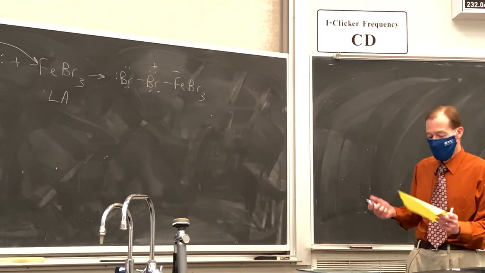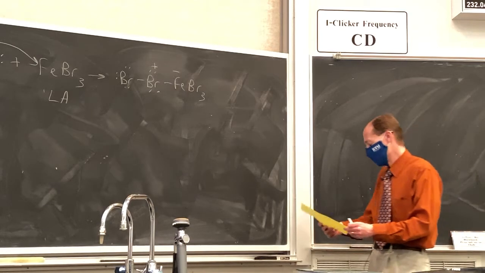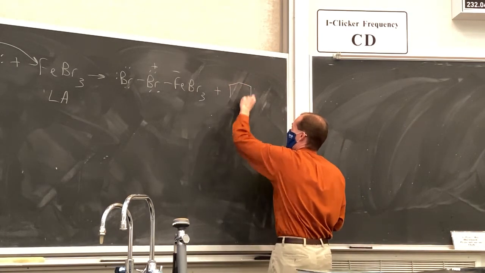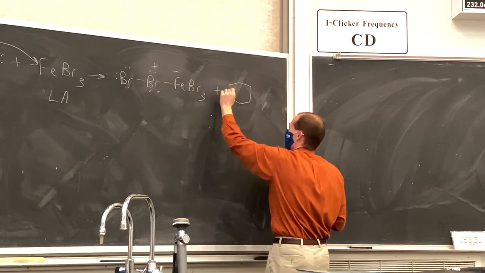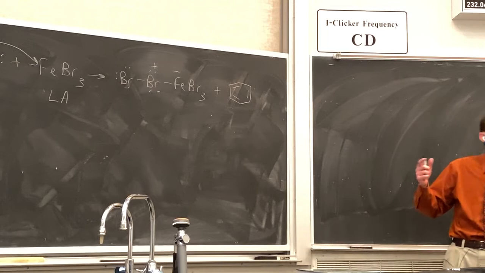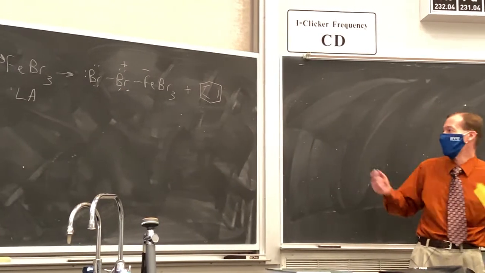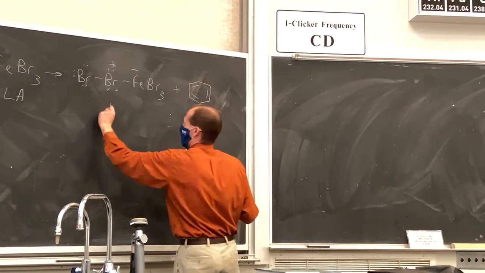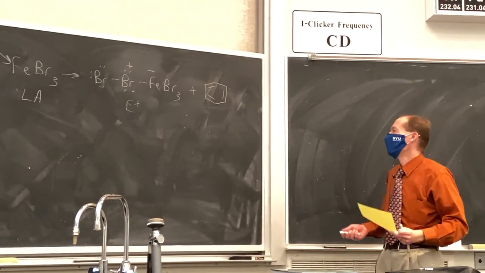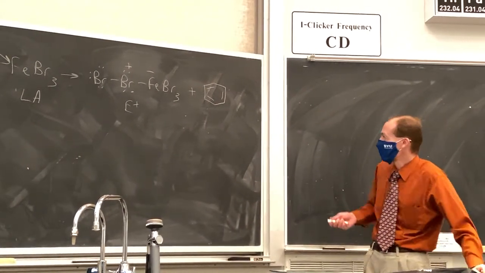So this Lewis acid, Lewis base complex is electrophilic. So when it encounters a benzene molecule, the pi electrons from benzene can function as a nucleophile and can attack this. So we can just write E+ below here because this is our electrophile.